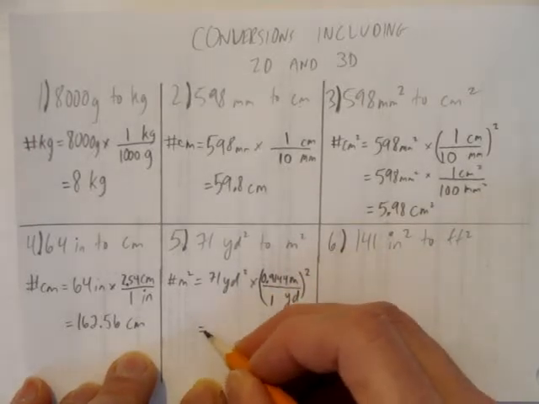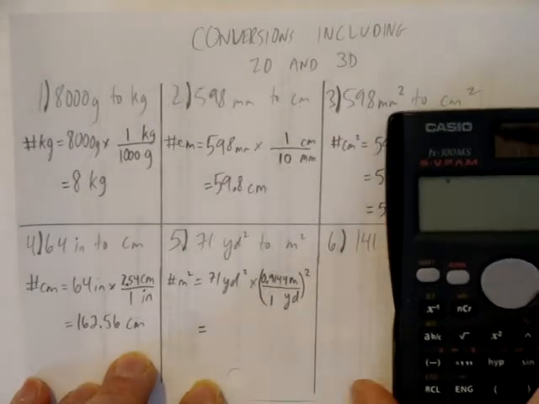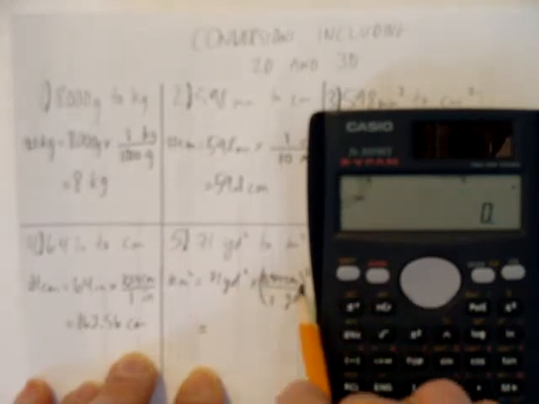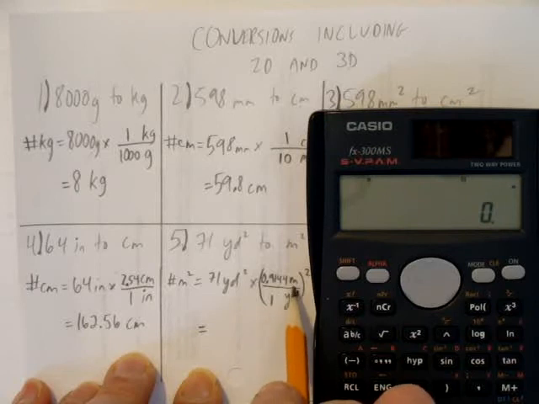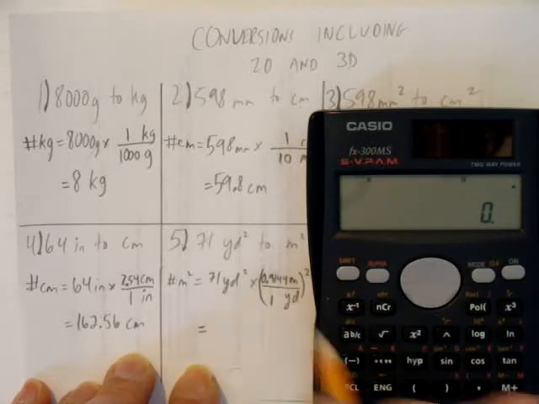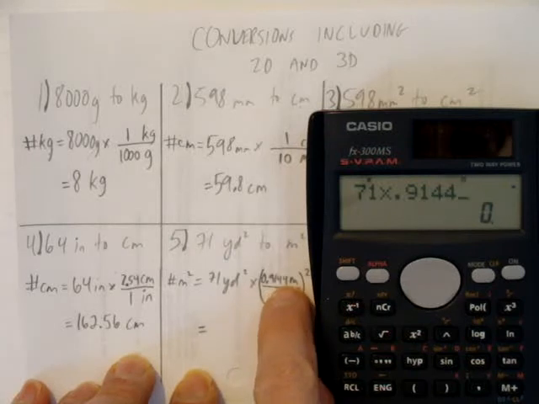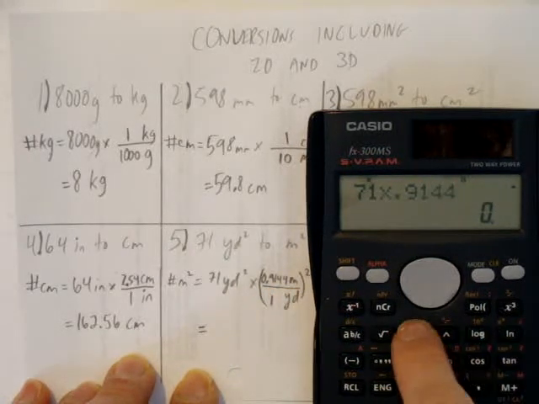So what I get, and I'm going to do it all at once this time. What do I mean by all at once? I'm going to multiply this calculation as you see here. I know that when I square 1, squared won't do anything, it just becomes 1. Dividing by 1 doesn't do anything. So all I need to do is multiply 71 times 0.9144 squared.